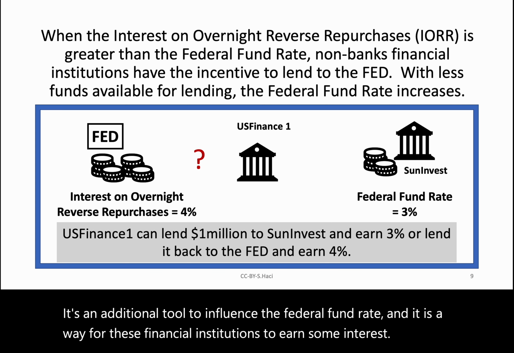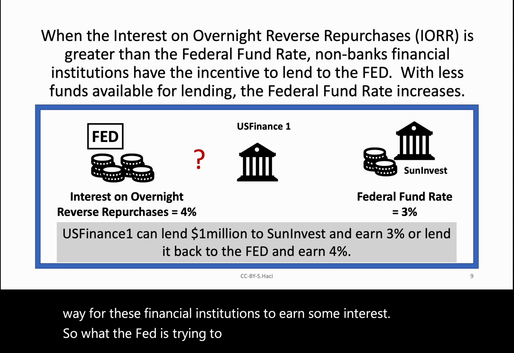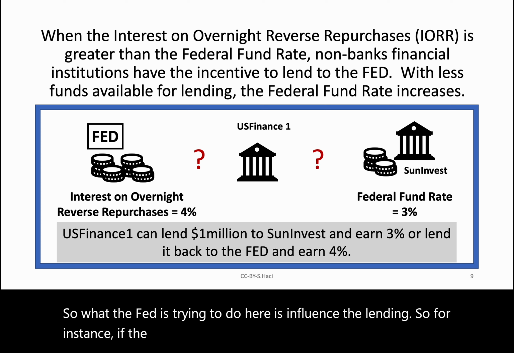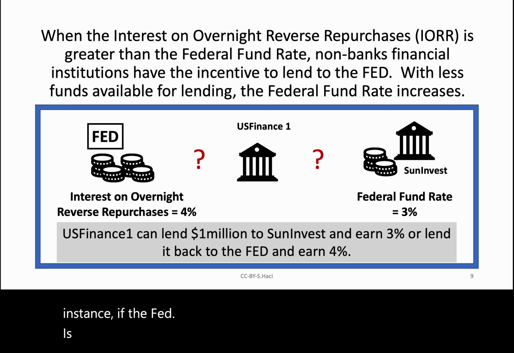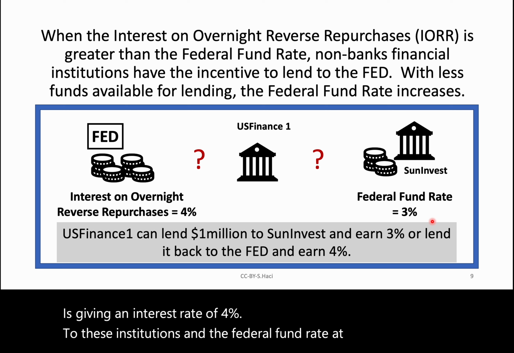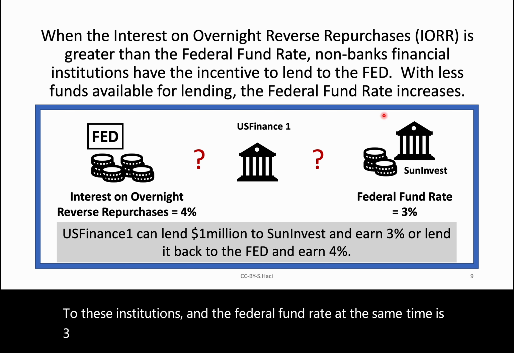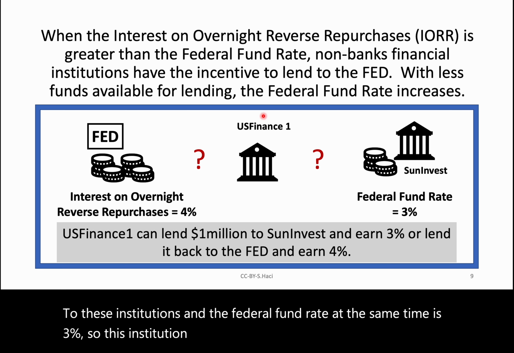So what the Fed is trying to do here is influence the lending. So, for instance, if the Fed is giving an interest rate of 4% to these institutions, and the federal fund rate at the same time is 3%. So the institution here has a choice.